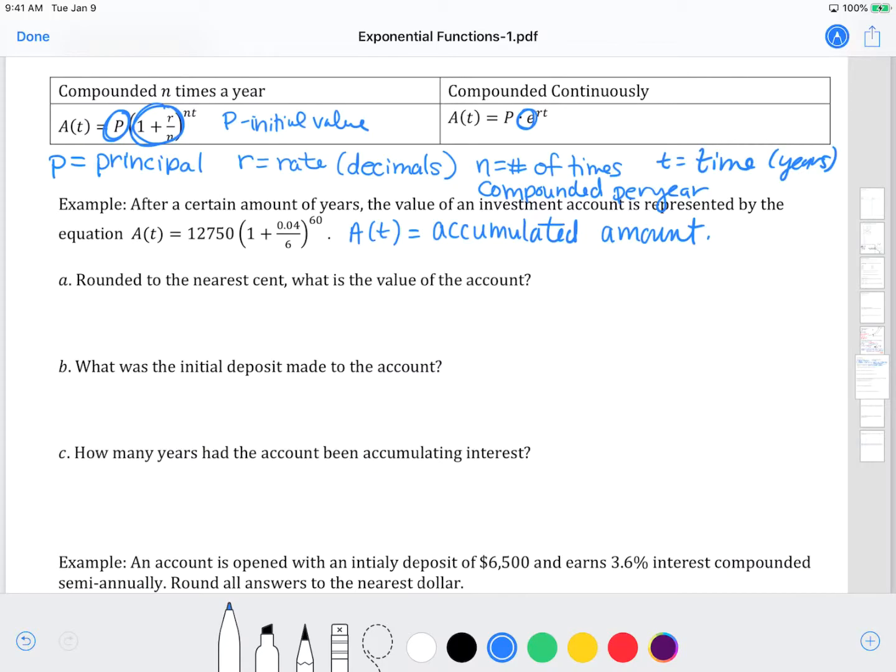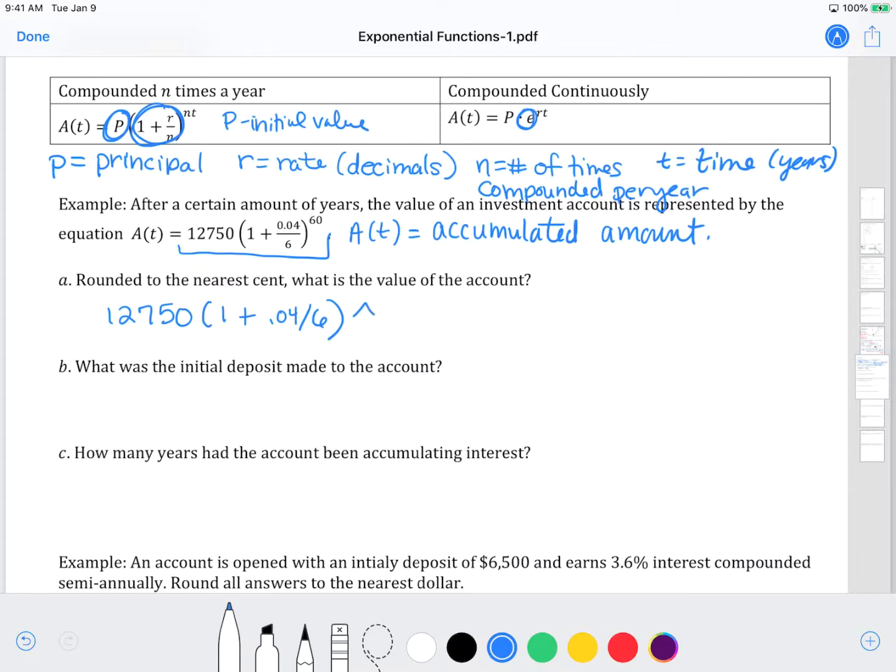Okay, so in part A it says, rounded to the nearest cent, what is the value of the account? So what we want to do is plug this into our calculator and figure out what we would have in the account. In the calculator, this is how I'm going to put it in: 12,750, then parentheses, 1 plus 0.04 divided by 6, close parentheses.